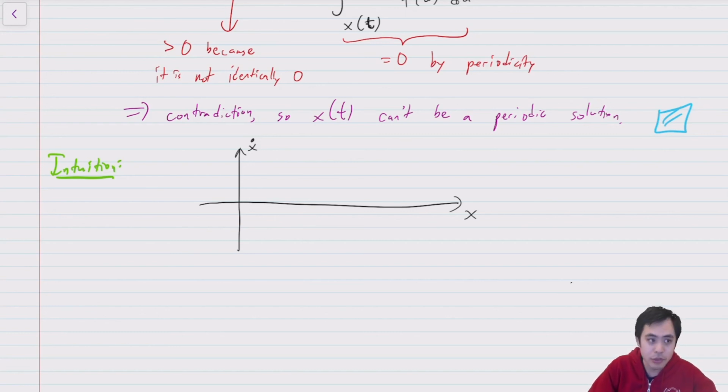So let's say it looks like that. Whenever the derivative is positive, you're going to go up. That's the idea of the derivative being positive. You're going to go up as time goes on. When it's negative, you're going to go down. And when it's positive, you're going to go up.